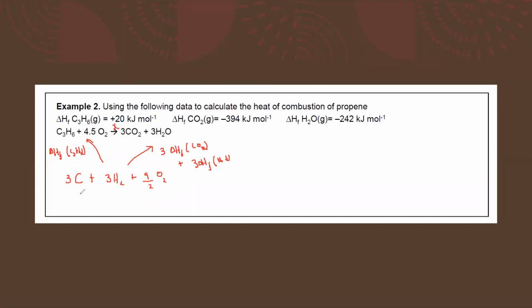So when I apply Hess law, where the 2 arrows are pointing out, that is the start or the beginning of the cycle, and where 2 arrows are pointing in, that is the end of the cycle.